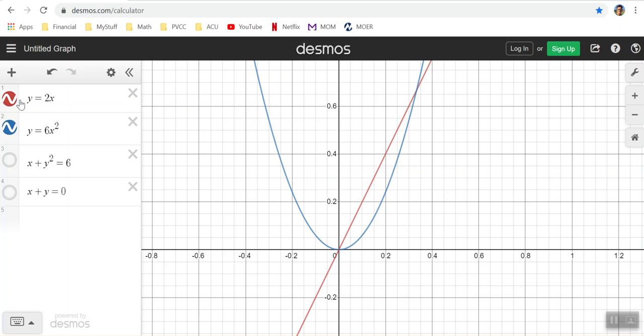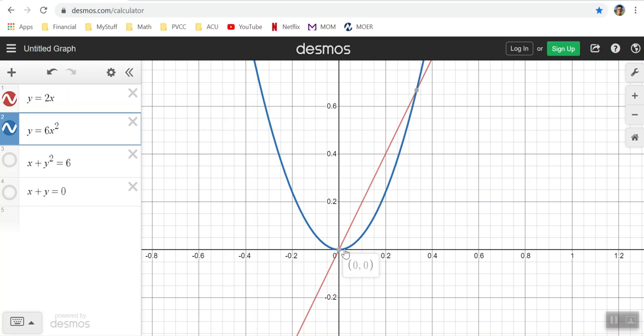Here's y equals 2x, of course, a straight line. So that would be this red line. And y equals 6x squared is a parabola. And so this blue curve is that parabola. And so we're looking for the area that is bounded by those two curves, or enclosed by those two curves.